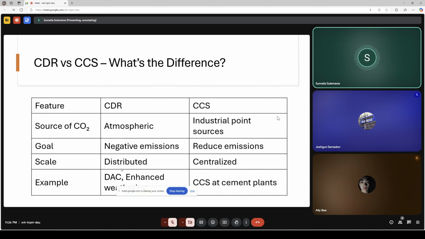But when it comes to CCS, it really depends on the subsurface where you are going to store the CO2. So maybe you can even find a very conducive subsurface within a place where people are actually living, like a metropolis or a neighborhood, which is very good to store CO2.